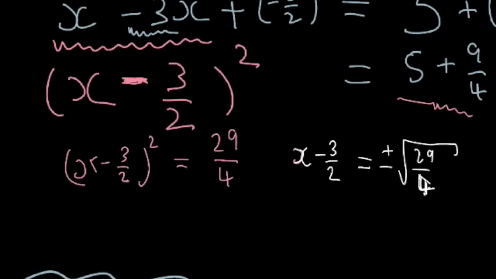Excuse my handwriting there. And now, if I take that even further, I can actually get x minus 3 over 2 equals plus minus square root 29 over 2. And the reason that works is that I had a 4 above, I square root 4 and I get 2. Okay, and now the final answer is just to move the minus 3 over 2 to the other side.